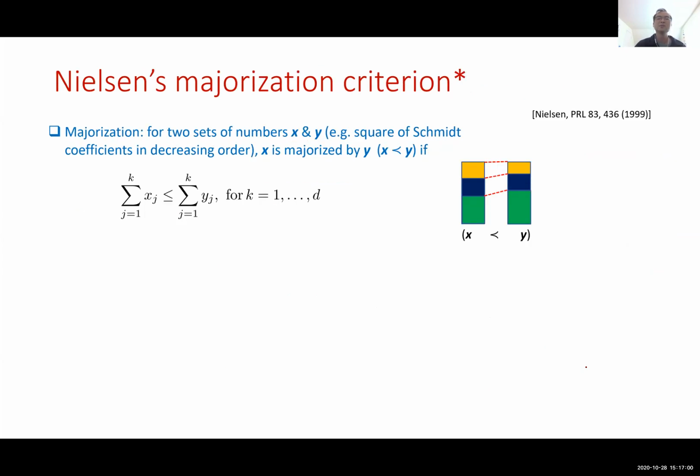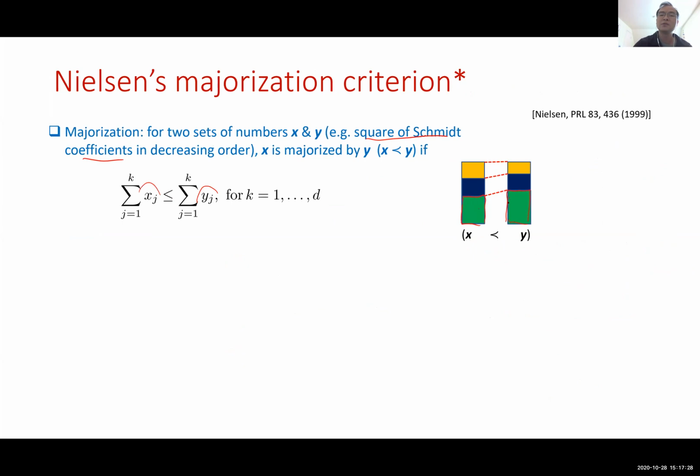So this is the definition of majorization. You have the square of Schmidt coefficient. You want to order so that the first one is largest, and then you order that in decreasing order. So you have two sets of numbers. You compare the largest one from each set.